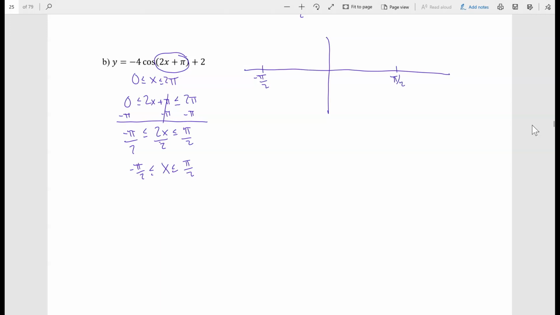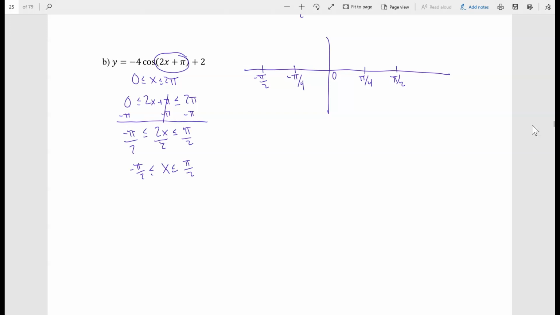You can clearly see that the midpoint of these two numbers is just going to be 0. Okay, that's kind of easy to see. Then halfway between pi over 2 and 0, we know that's just going to be pi over 4. And then the other one's going to be negative pi over 4. You can see it because you have a half, and half of a half is a fourth, and then you just have to multiply by the pi.